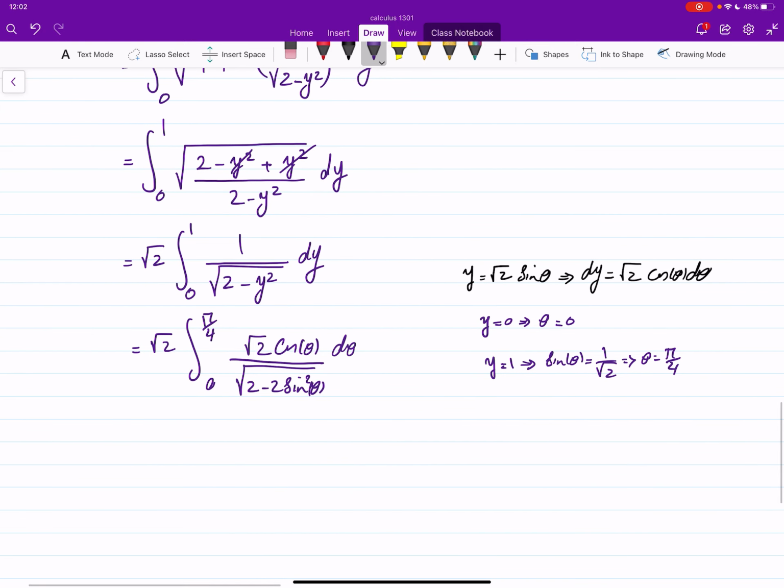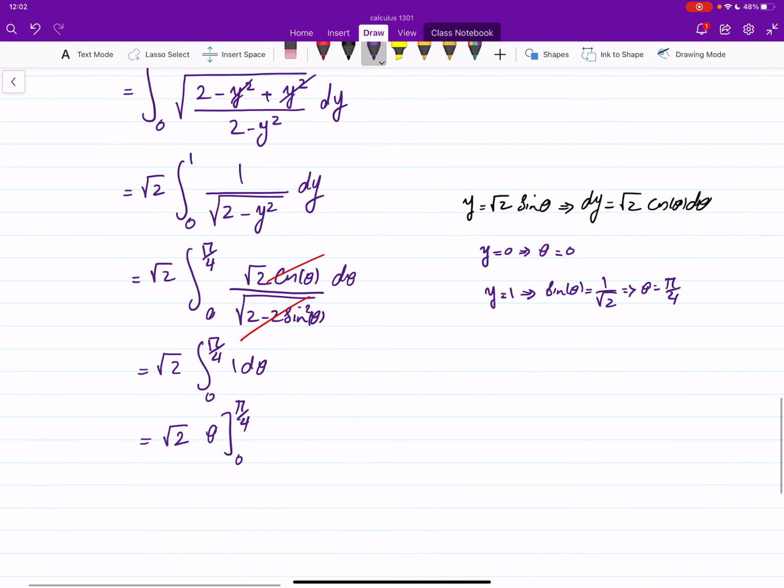And that way you simply see that numerator and denominator will cancel each other, and you will get just 1, which is then root 2, just theta going from 0 to pi over 4, and that is just root 2 times pi over 4 minus 0. And that is what we were looking for.